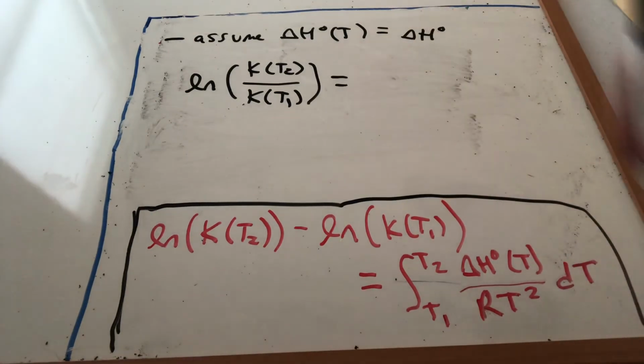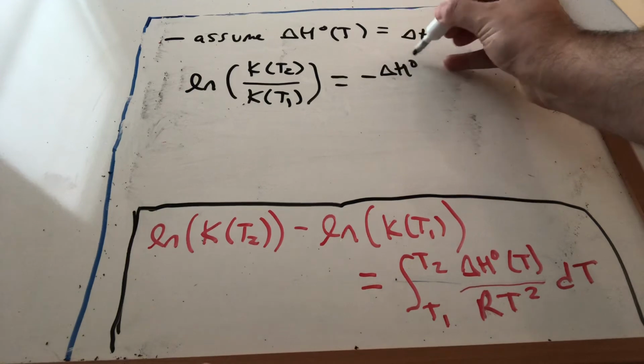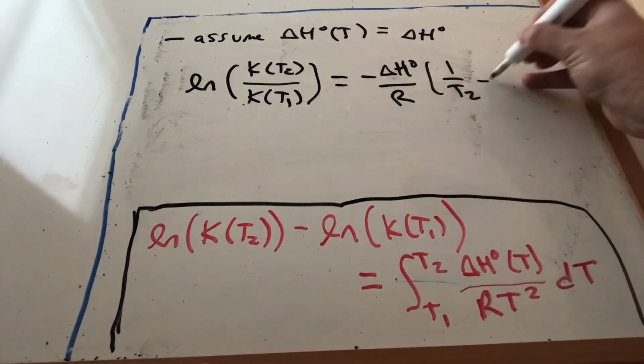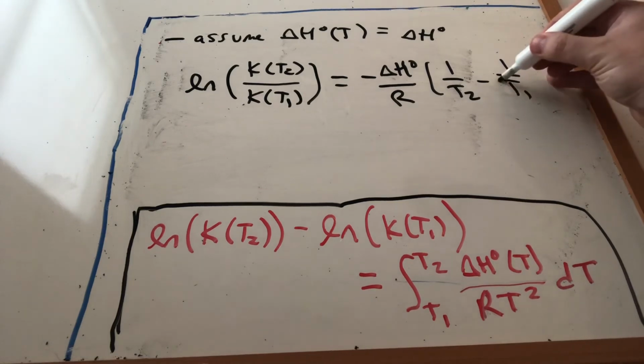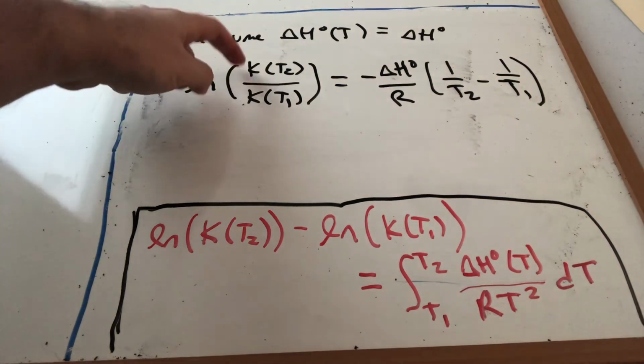When delta H naught is brought out front, what you end up getting is minus delta H naught over R times 1 over T2 minus 1 over T1. And this is an equation you saw from general chemistry that describes the temperature dependence of K.